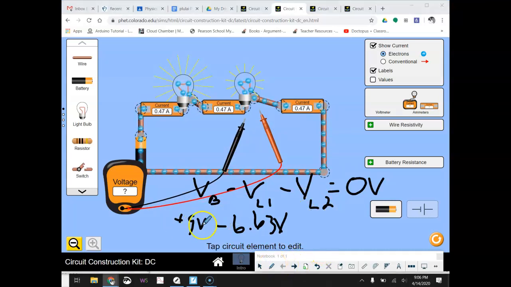So plus 9 volts minus 6.63 minus VL2 should equal 0. So you can pull out your calculator and say thank you to your computer overlords and ask that thing to calculate that for you.